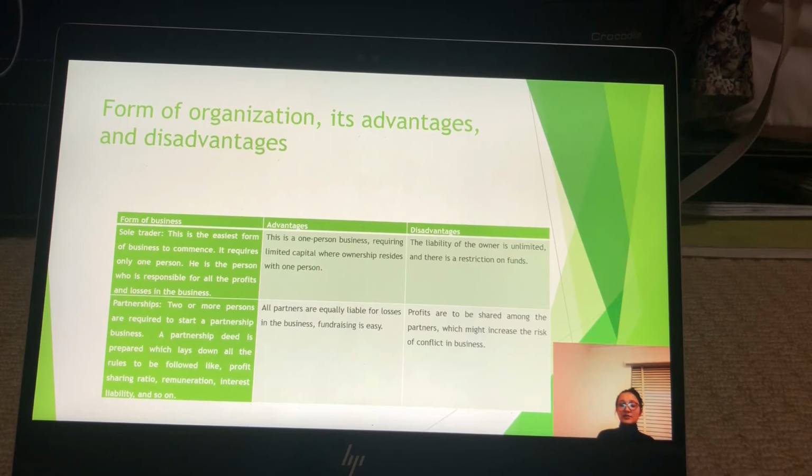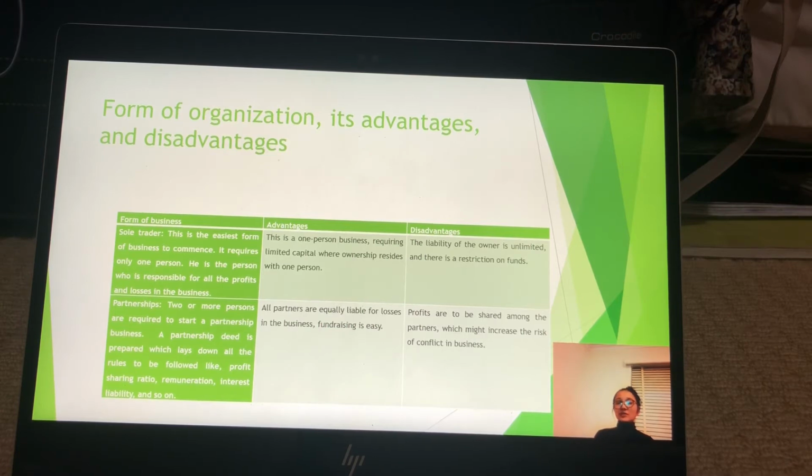There are two major business forms which can be considered as options for purchase, and each has advantages and disadvantages. One is sole trader and the second one is partnership.